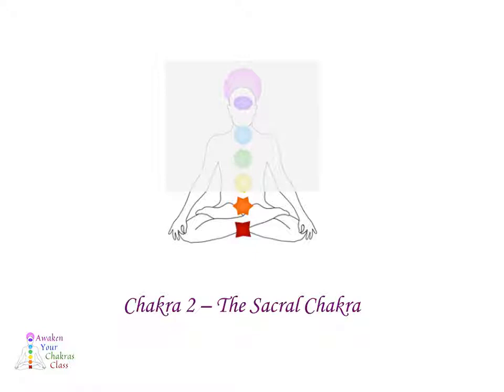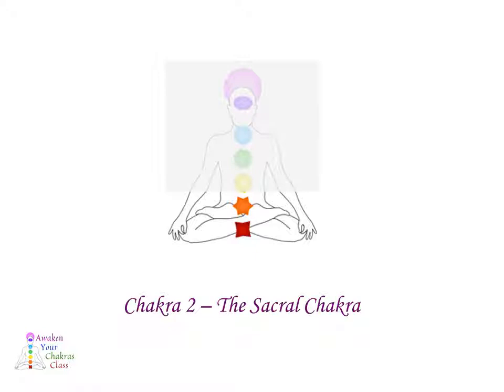And when it's out of balance, we see the extremes. When this chakra is deficient, we are fearful of change, we don't have passion, we have bad social skills, we are over-boundaried, we have really locked ourselves into our position. And when we have too much energy here, we start seeing people who are overly sensitive.